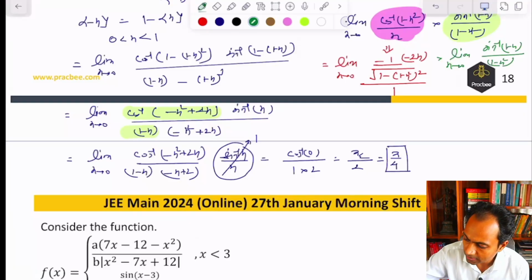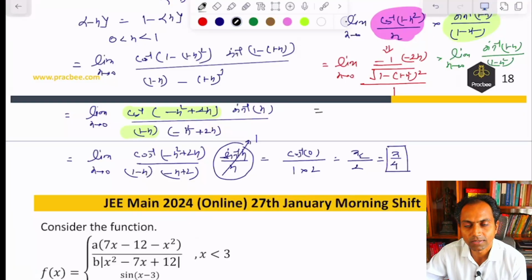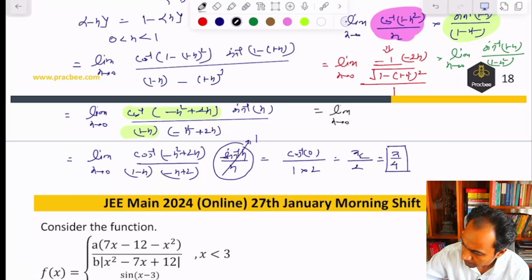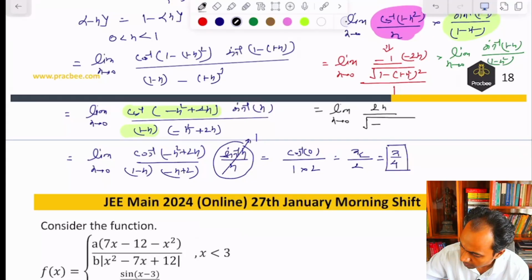Once I do that, now let us see what is the answer. After applying this, if I simplify, I am getting limit h tends to 0 twice of h by root of 1 square, and this will cancel out, will become minus of h raised to the power 4 plus 2h square.